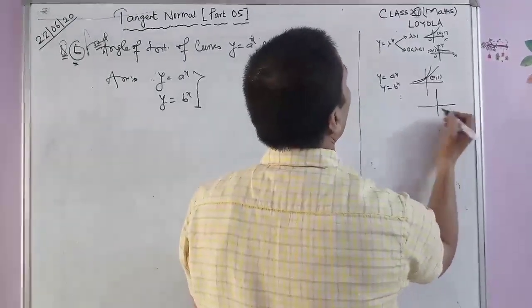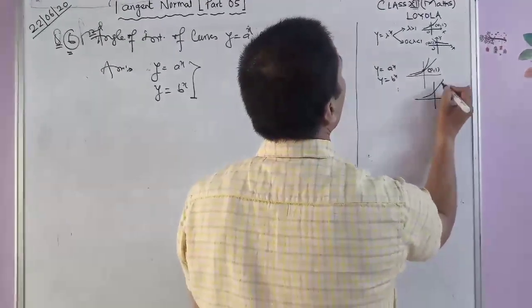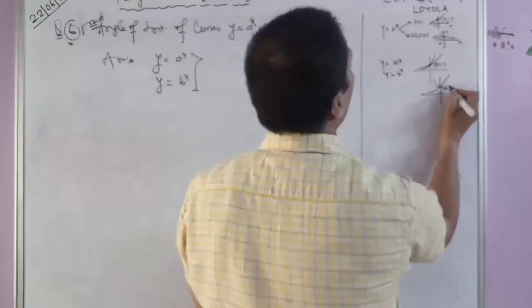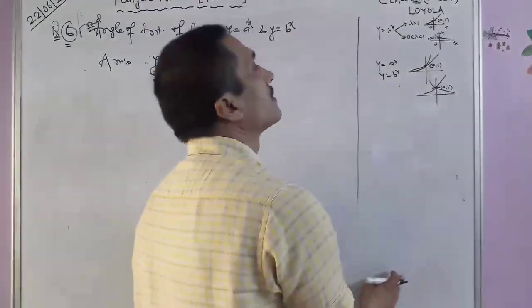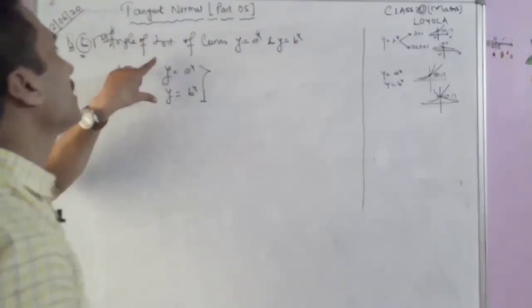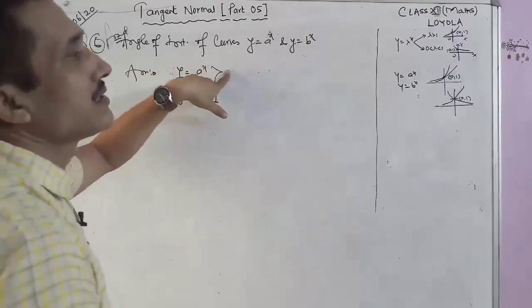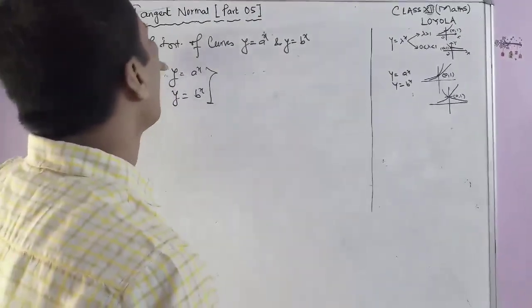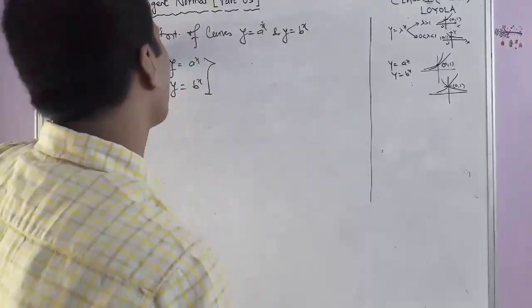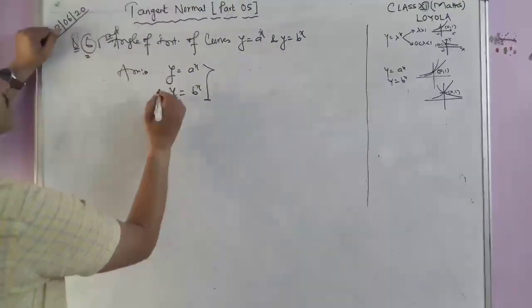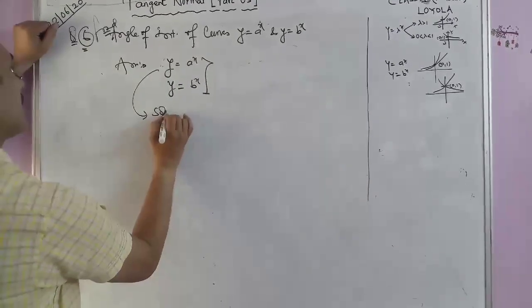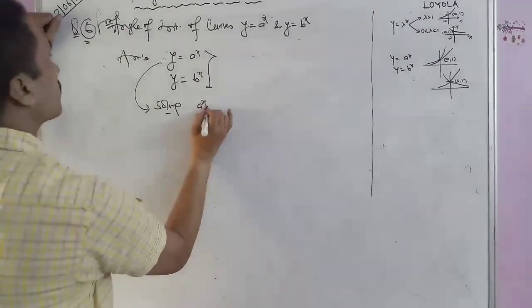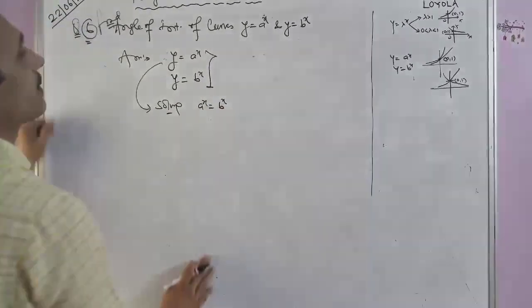If a greater than 1, b less than 1, again the point of intersection is (0, 1). So we can directly find the point of intersection of these two curves and find the slope at the point of intersection, or analytically solve a to the power x equal to b to the power x.